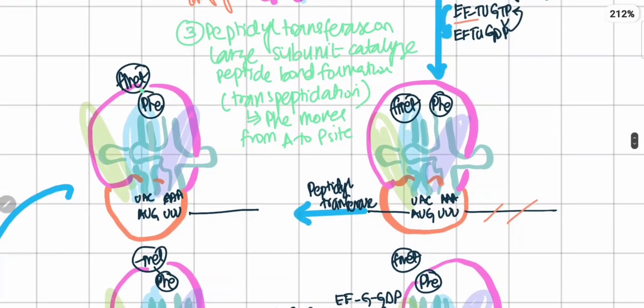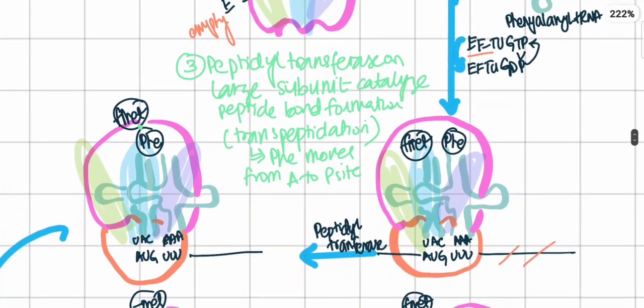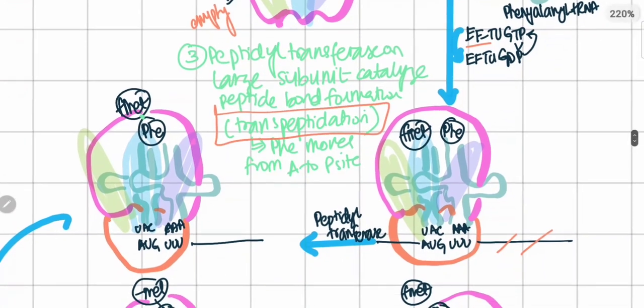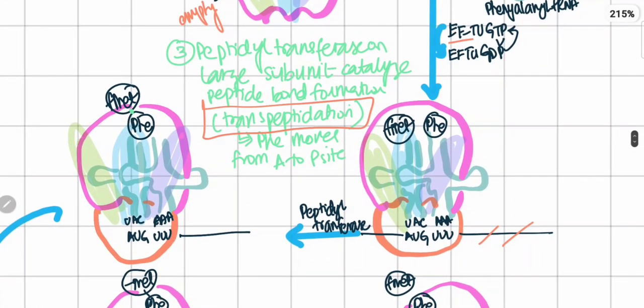Now our next step is our big step, that is transpeptidation. What will happen is that the peptidyl transferase, which is present in the large subunit, will form a bond between F-met and phenylalanine.